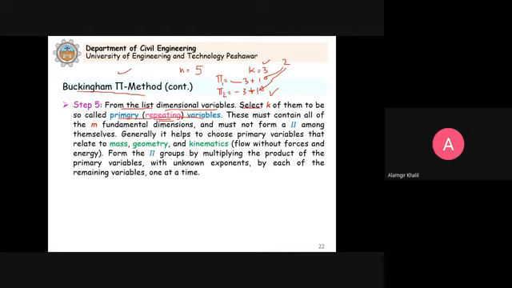Now the next question is that if these 3 are going to be repeated here and here, how to select them? Out of the 5, how do you know that these 3 should be the repeating variables? That's why this step number 5 is the tricky part of this method.